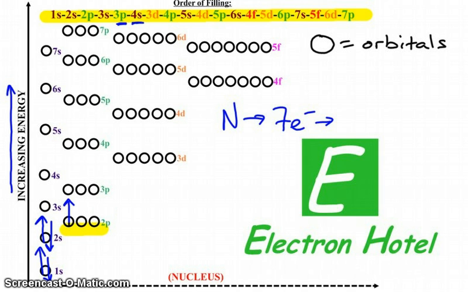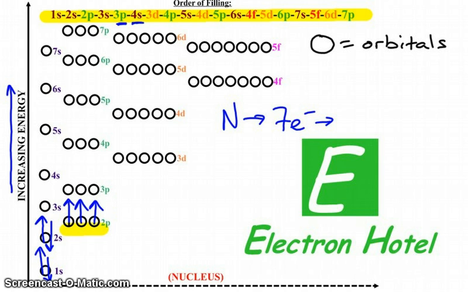It's kind of like if you were at a hotel. It's much better, it's much more relaxing to have your own room than to have to share a room. So from an energy situation, it's much better to spread the electrons out, so my 6th and 7th electron are going to end up there.